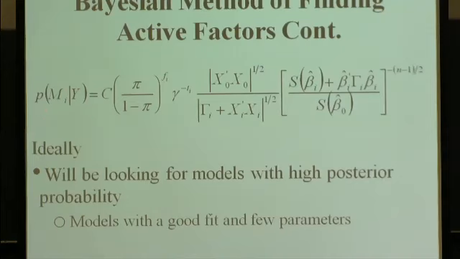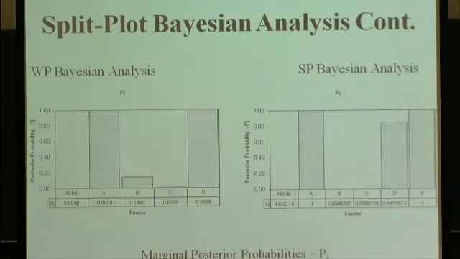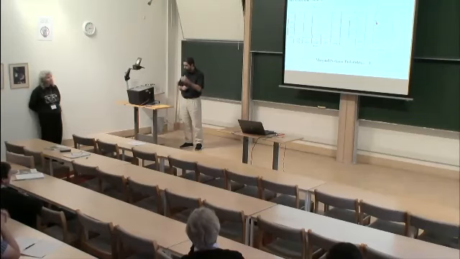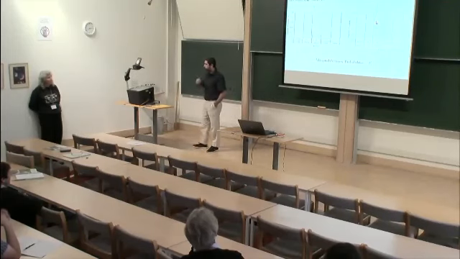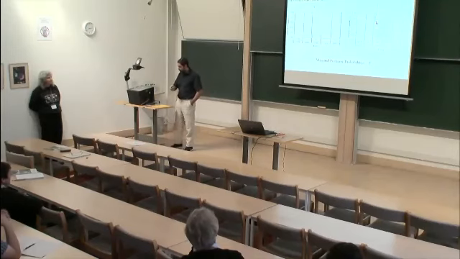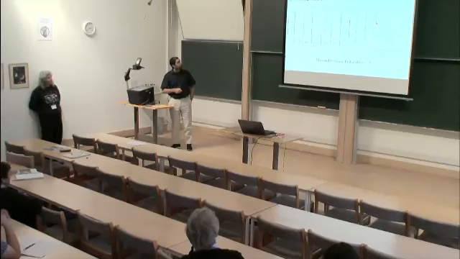I will have so many models. I decided to put them together just to identify the factors that were active, not the effects themselves, but it can be done by looking at the posterior probability of a particular model. Here I have what I call PJ, not PMI. PMI is the posterior probability of a particular model. Here is the posterior probability of a factor being active.